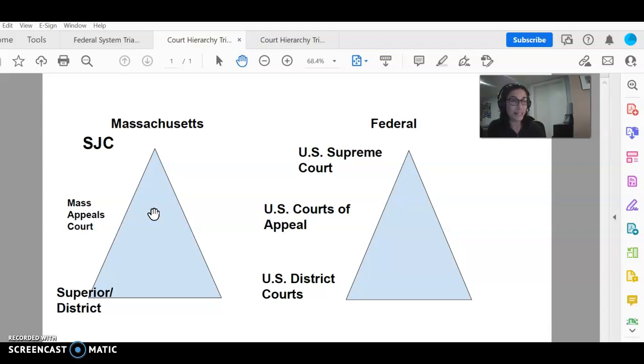And you can tell by its name that it's called that because the judge down here in Superior Court and the lawyers down here are bound by that precedent.